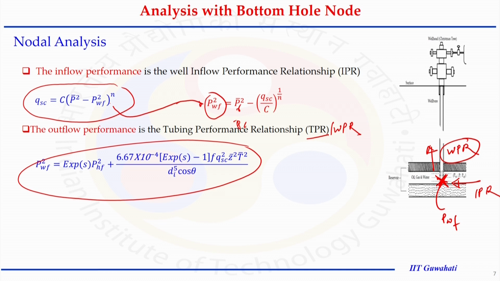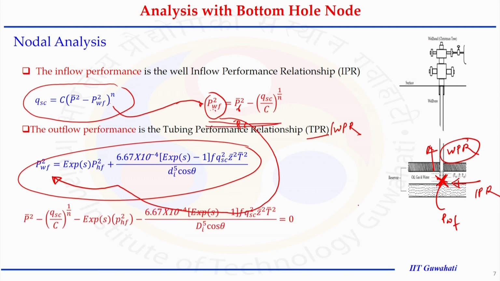Now from this expression we can substitute PWF here. PWF can be replaced with the help of this expression, and what we get is P bar score minus QSC to the power 1 by n on the left hand side, and we can adjust the equation keeping 0 on the right hand side.